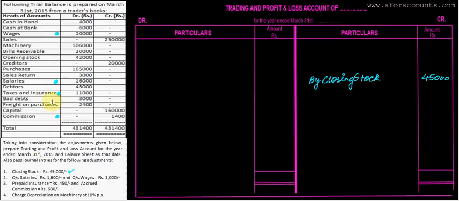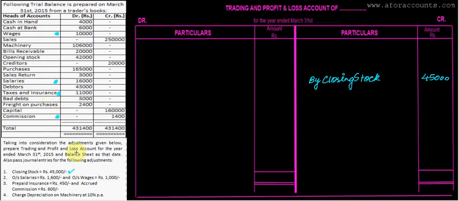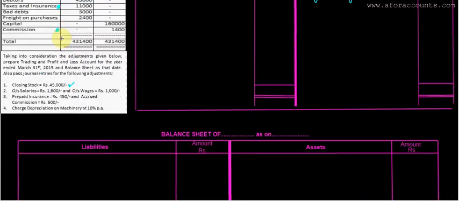Charge depreciation on machinery at the rate 10%. So okay, I have one more adjustment in machinery. The items without adjustments can be put in fast. Then we'll come to the items with adjustment. Cash in hand 4,000, cash at bank 6,000.